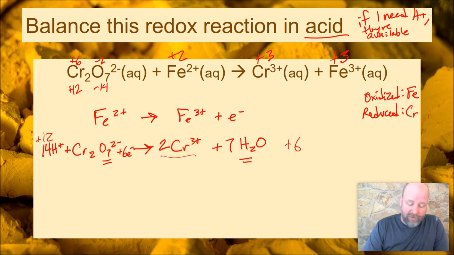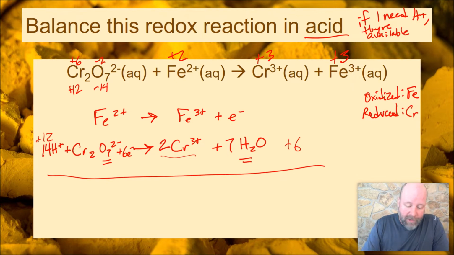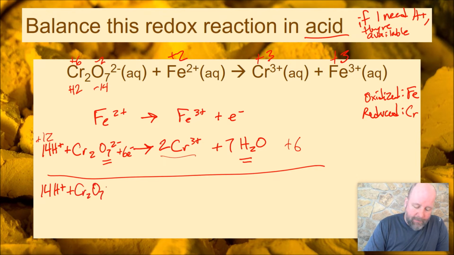Now to get it all balanced, I've got to add these 2 together to get my final reaction. So I'm going to have 14 H pluses, because there's none of those on the other side, plus this guy. I got an electron here and 6 electrons here, so that's going to be 5 electrons on the left-hand side.